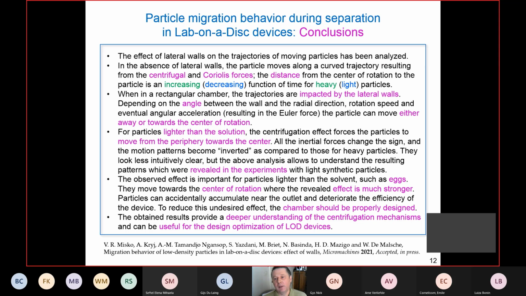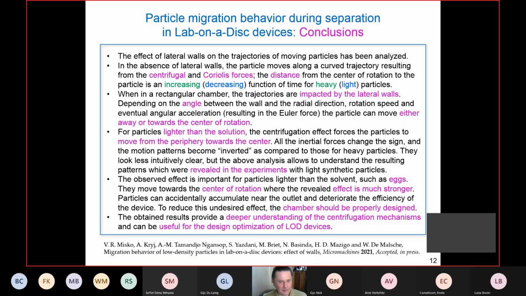So actually, this is the angle which monitors the possibility of the backward motion. Well, conclusions are that we had a closer look at the centrifugal processes in the Lyapunov disk device. Generally, the motion is either from the center to the periphery or the other way around for heavy or light particles.